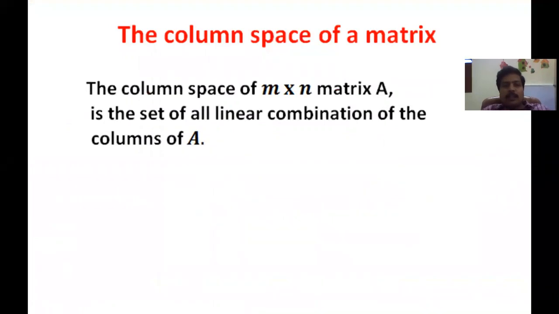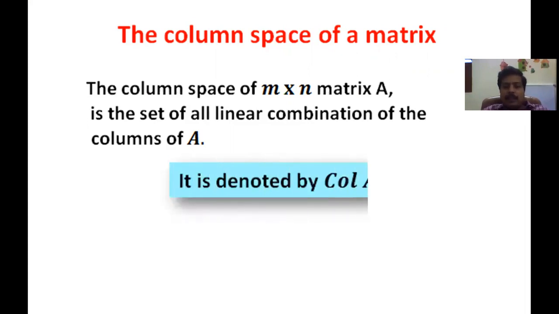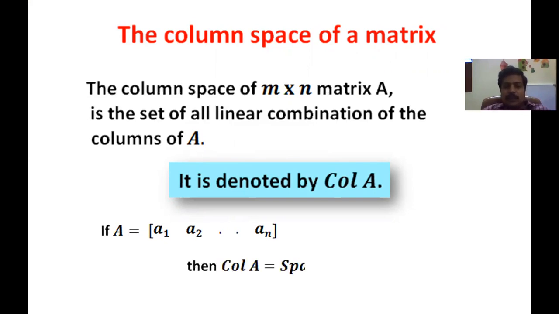We have seen that the column space of an m by n matrix A is the set of all linear combinations of the columns of A. It is denoted by column space A. If A is the matrix of A1, A2, and so on up to An, where A1, A2, An are the columns of A, then column space A is equal to the span of those vectors.